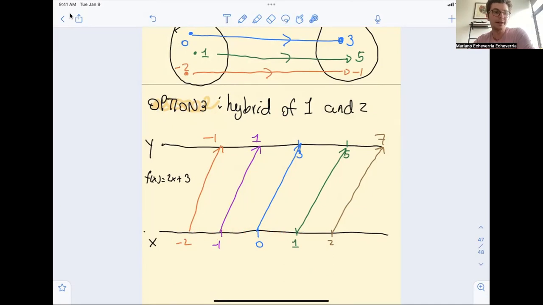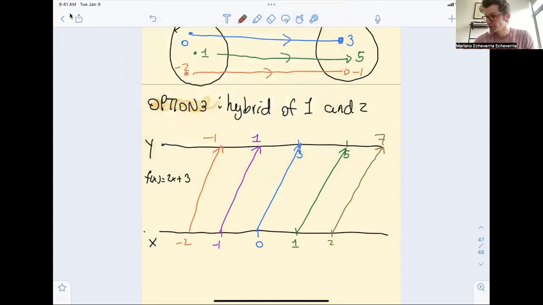That's the distance between these points. But what's the spacing between the corresponding points upstairs? It's 2.